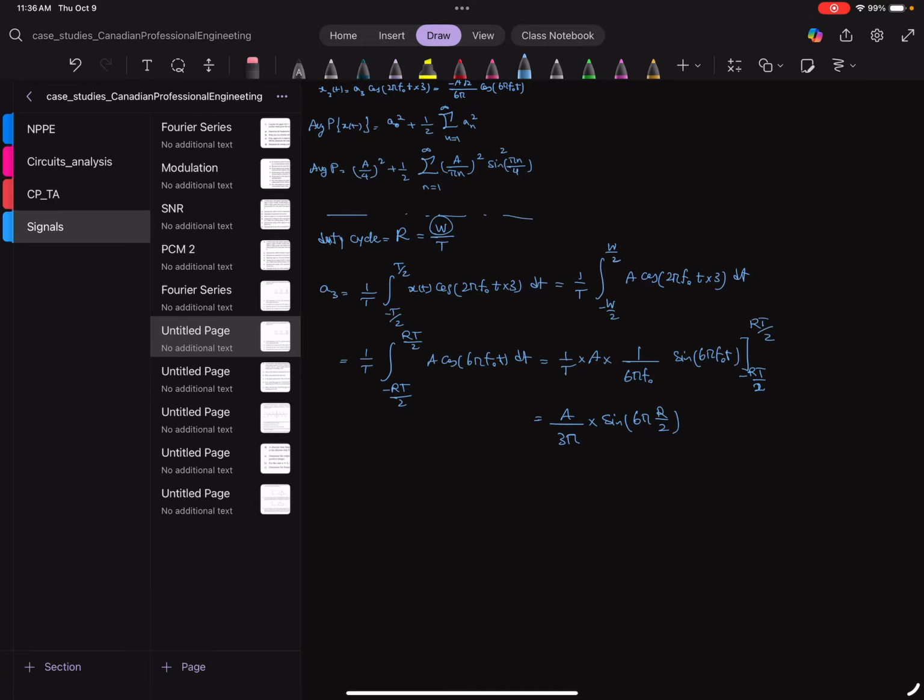Then yes, because f0 and T cancel. Did I write that right? Yes. So now, in order to maximize this part, a over 3 pi is a constant, so the only thing we can maximize is the sine.